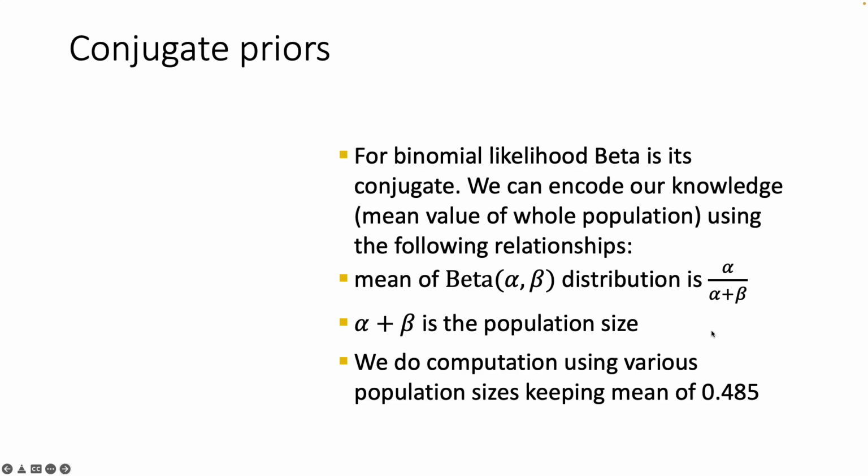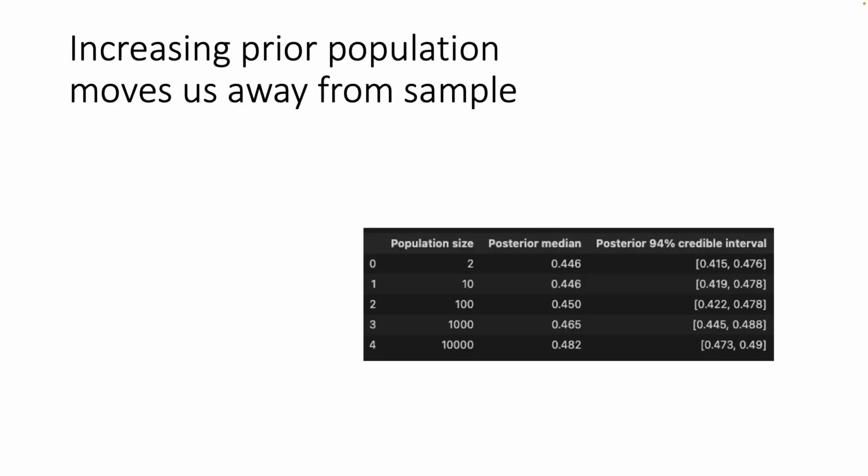We will then have one varying parameter, alpha plus beta, the population size. So we can change the population size and see how it will influence our inference, assuming the same expected value for the prior. We change the population size by orders of magnitude, starting from 2, then 10, 100, 1,000, and 10,000.